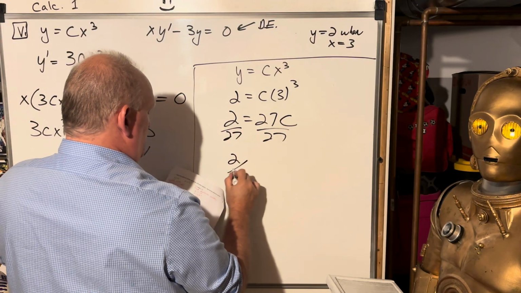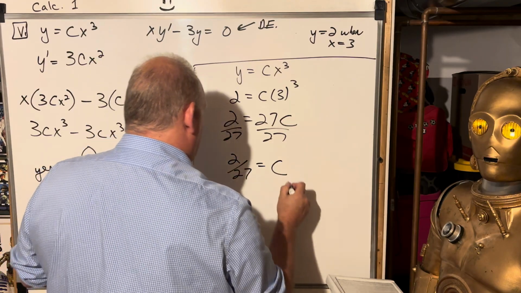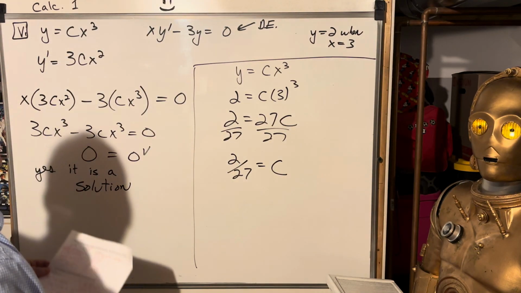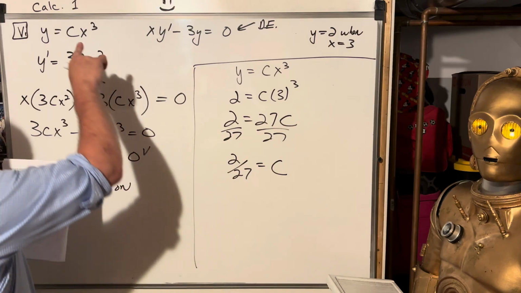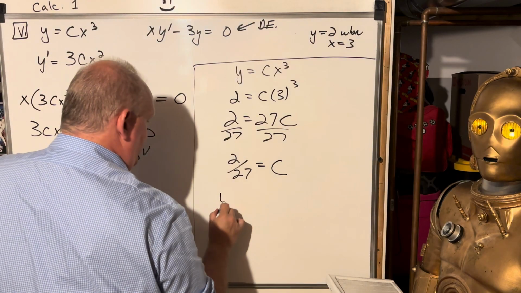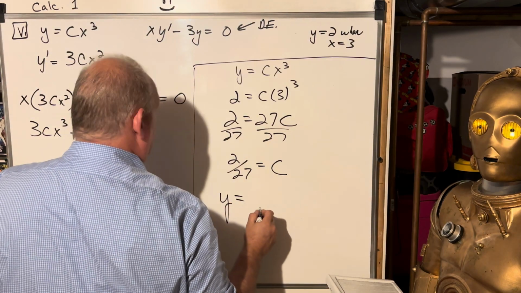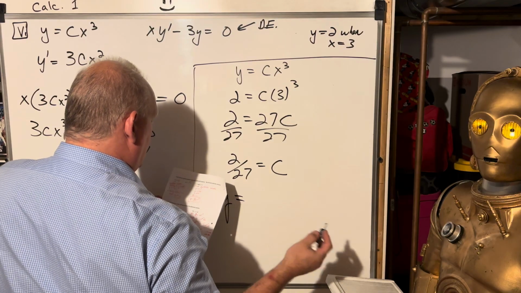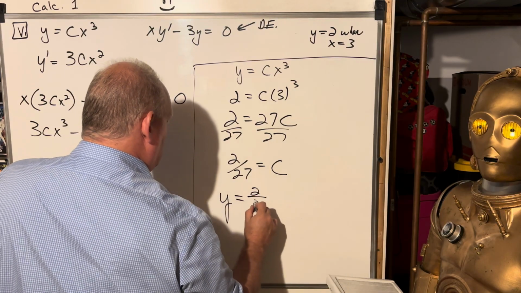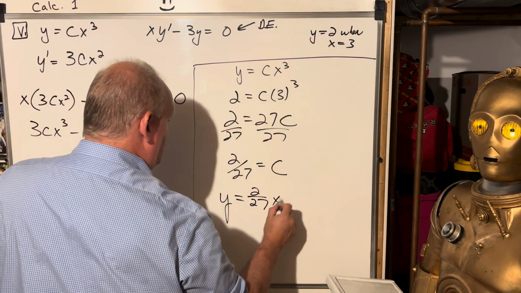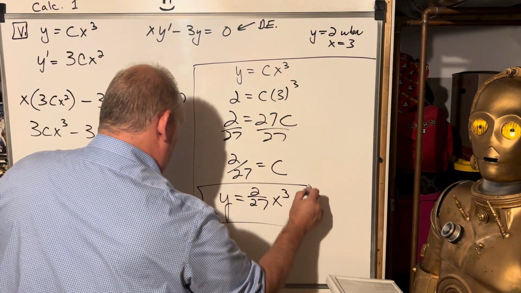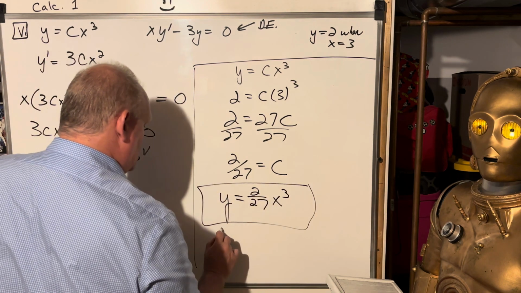So 2/27 is equal to c. So now we can go back to this original y and find the particular solution. 2/27 x to the third. That is our particular solution.